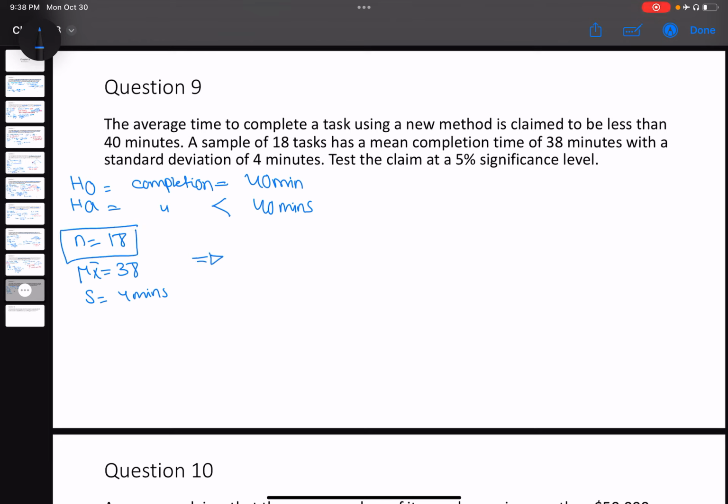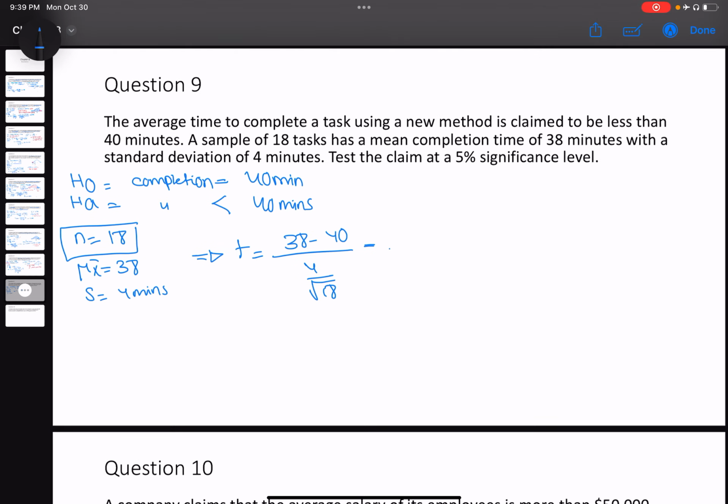We can use the T statistic. 38 minus 40 divided by 4 divided by square root 18. The final value equals minus 2.123.